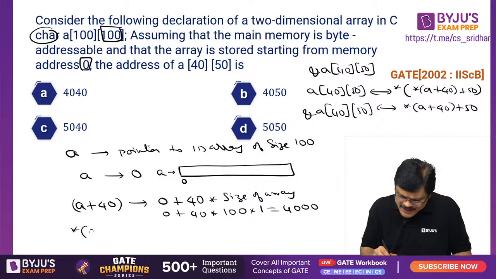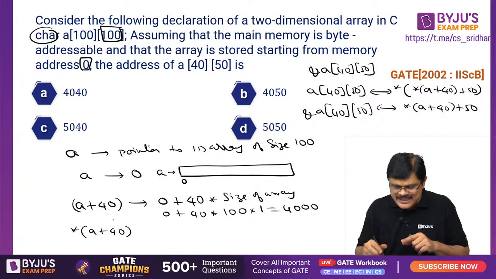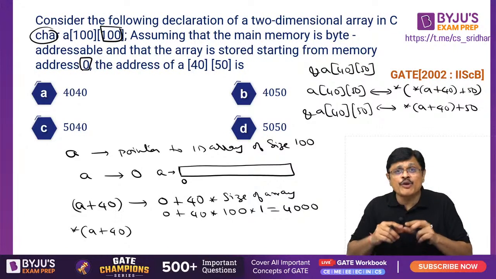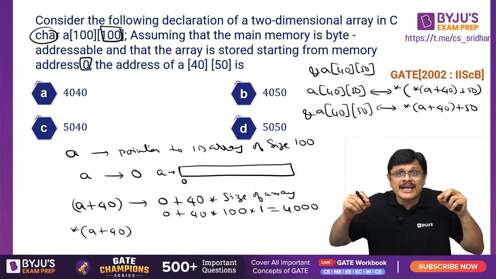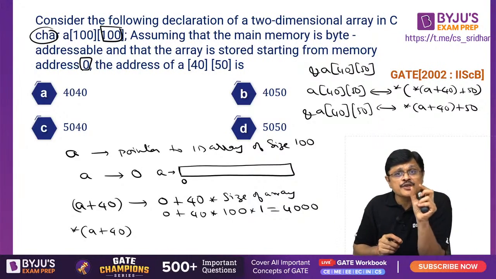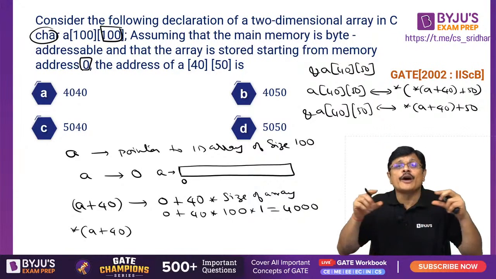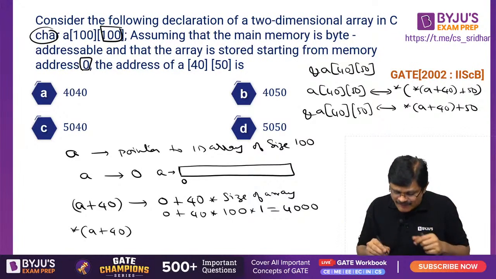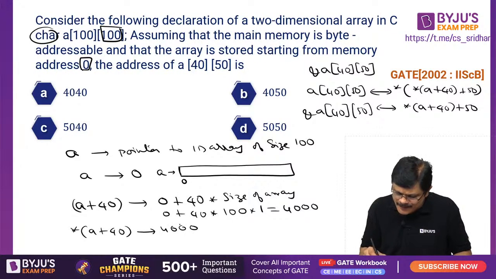Now star of this means what, sir? Of course, even this is 4000, but A plus 40 is referring to the 40th 1D array. Star of A plus 40 refers to the 0th element of the 40th 1-dimensional array. But from here you want to move how many elements, sir? 50 elements.